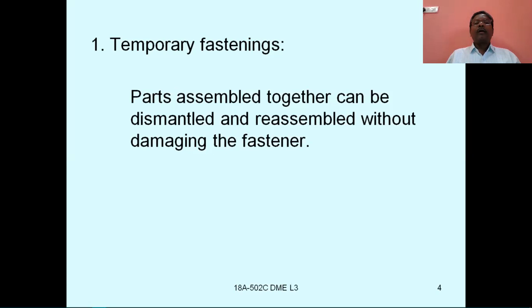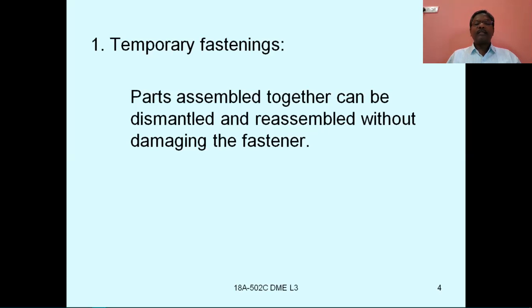That means if you want to separate the two parts which are joined, there is no need of damaging the fastener.